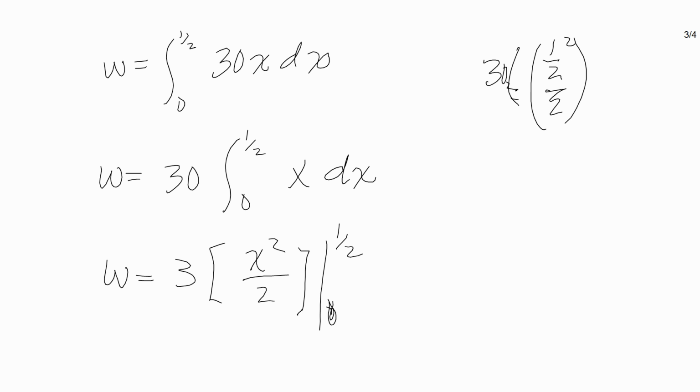Tell you what: 30 brackets 1/4 divided by 2 over 1. And that's 1/4 times what? 2. Did I do that right? No, 2 over 1. Yeah.